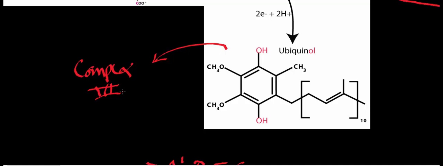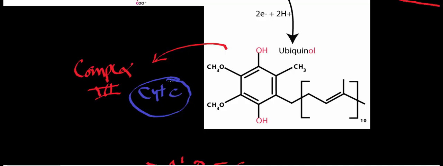So really, the ubiquinol is then going to transfer its electrons to cytochrome C. Well, that's interesting, right? Because if you remember, cytochrome C is part of the mechanism of apoptosis. In fact, cytochrome C is responsible for activating caspase 9.